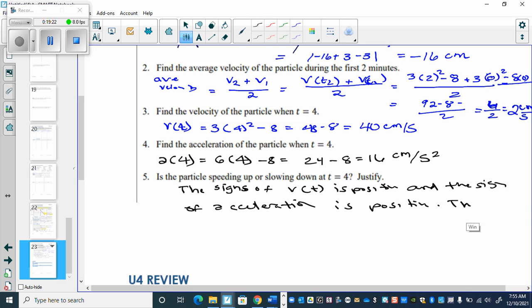These signs are the same. Therefore, the particle is speeding up.